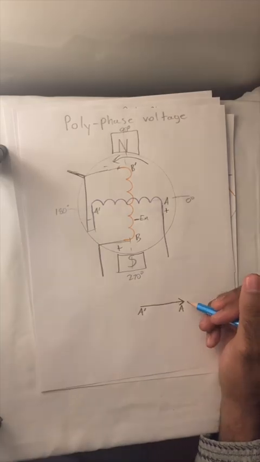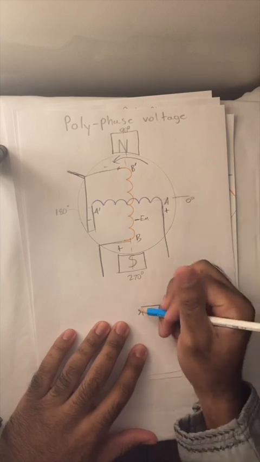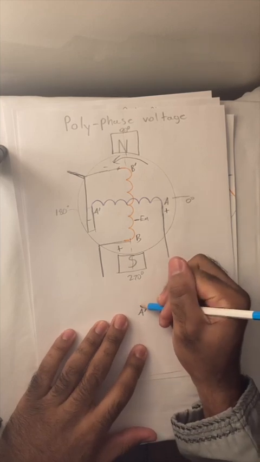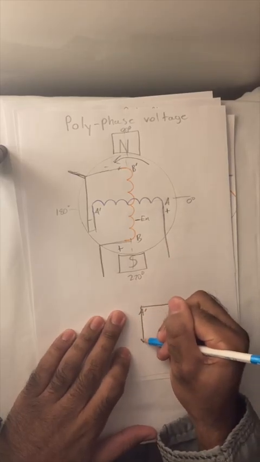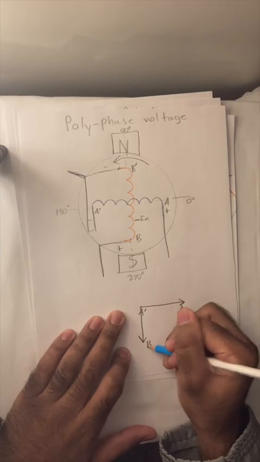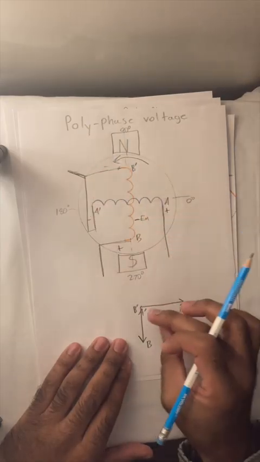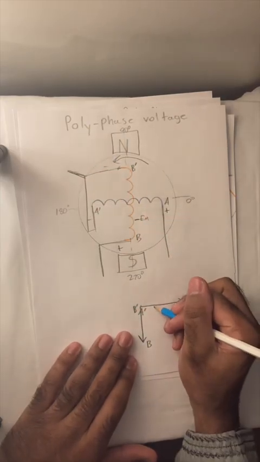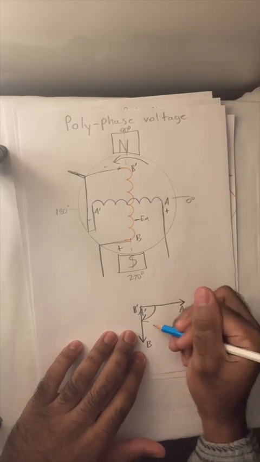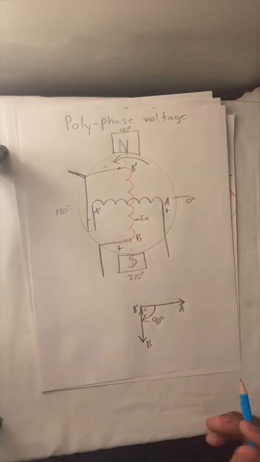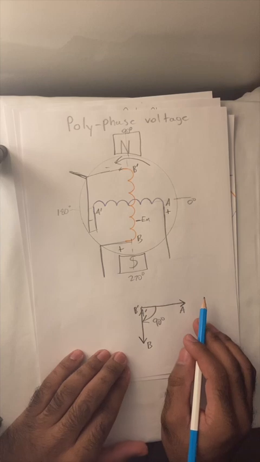This line we call A and A prime. As we mentioned, it is the equivalence of this. And B and B prime. As we know, we were joined at this location. So in this situation, we have a 90-degree displacement. That is, B lags A by 90 degrees.